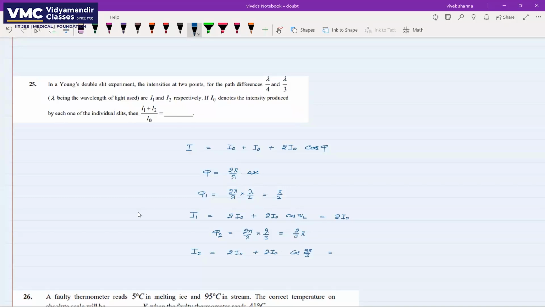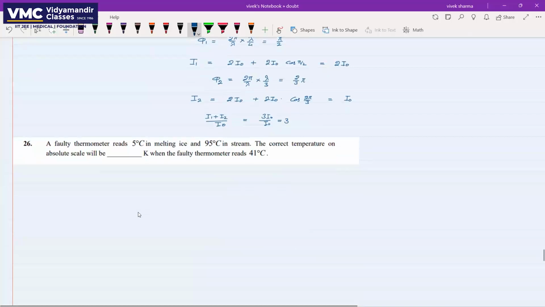And cos 2 pi by 3 will become minus 1 by 2. So this intensity will become I naught. And we need to find I1 plus I2 divided by I naught, and I1 plus I2, 2 I naught plus I naught, it is 3 I naught divided by I naught, it will become 3. So answer is 3. Now moving to question number 26.